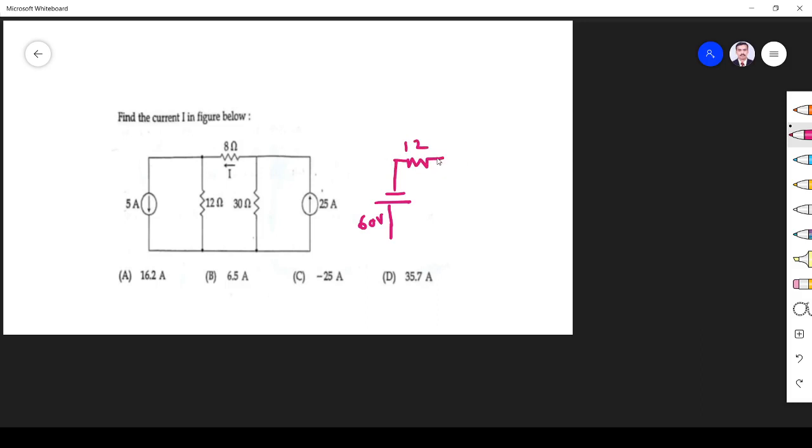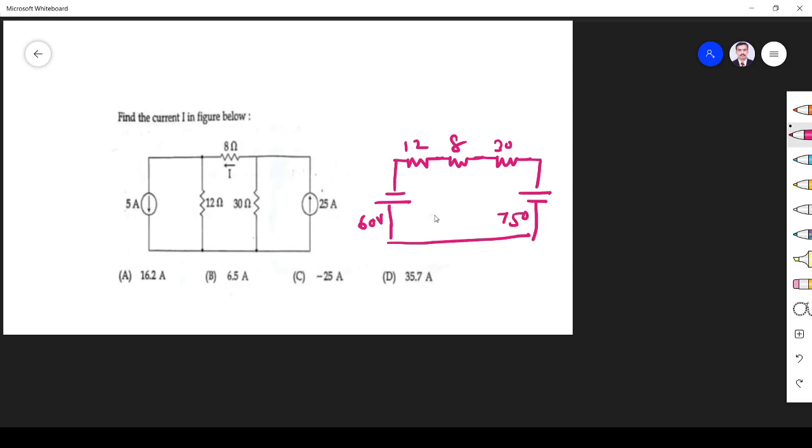Then the next, 8 ohm. Here 25 ampere with 30 ohm: I into R voltage is 750 volt in series with 30 ohm.